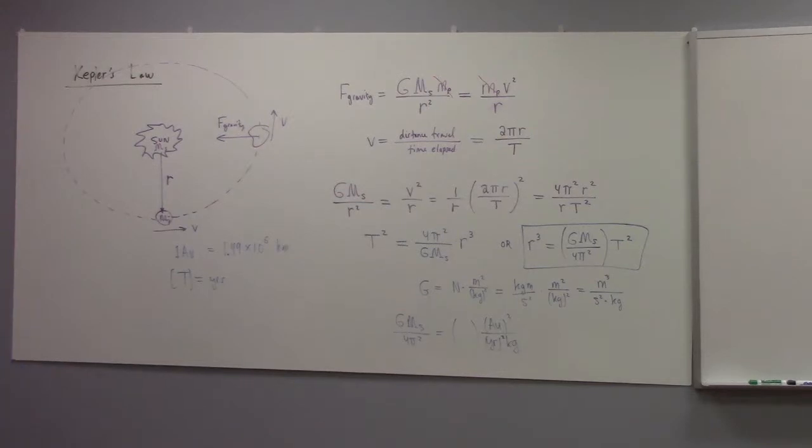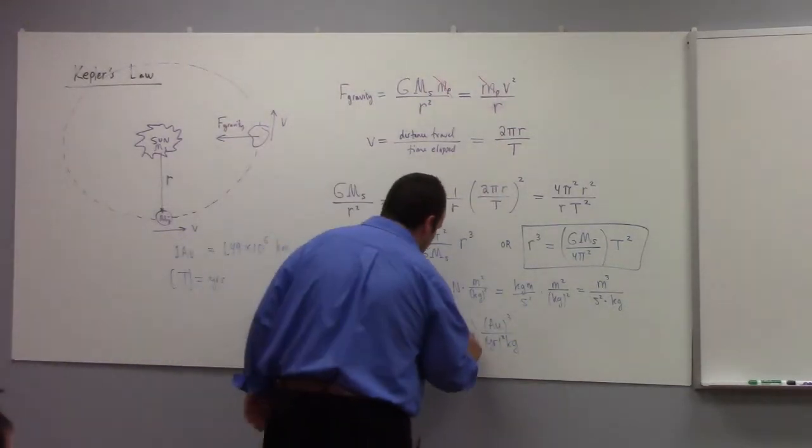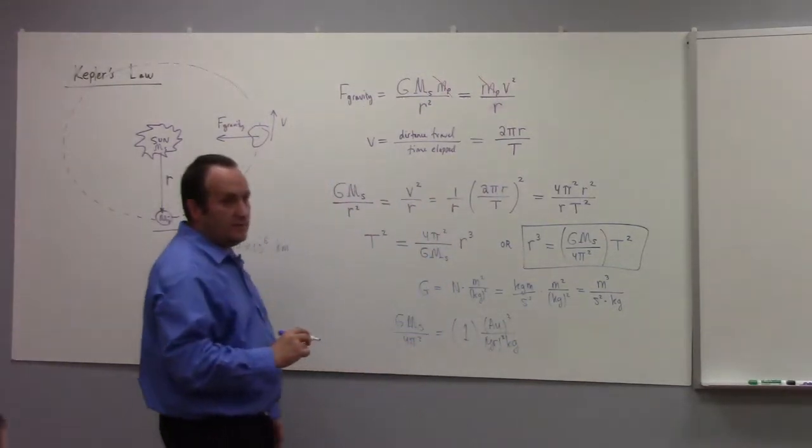Well, think about it. If the radius is 1 astronomical unit, how long is the period? By definition of Earth year, it's a year all the way around. So that coefficient, the thing in parentheses I haven't drawn yet, is just 1 if you work in these units, which is kind of nice.